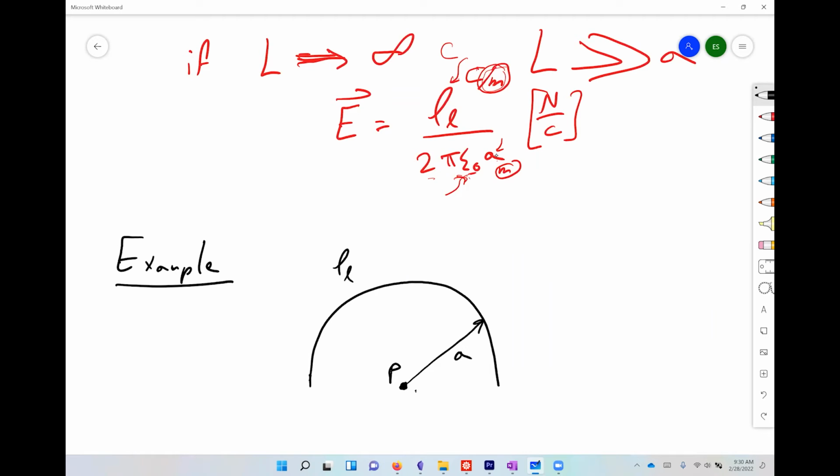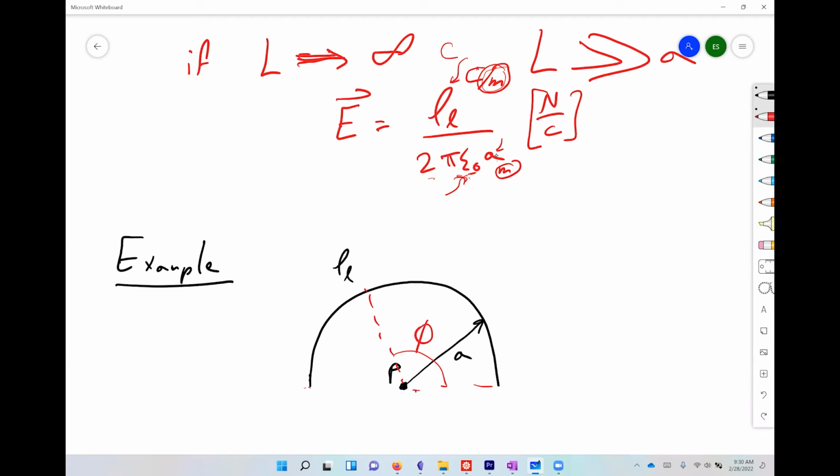So we can take a small segment, and we want to use the symmetry of the problem. We're taking phi, and phi is going from 0. This is the coordinate phi, and this is what we're integrating over.